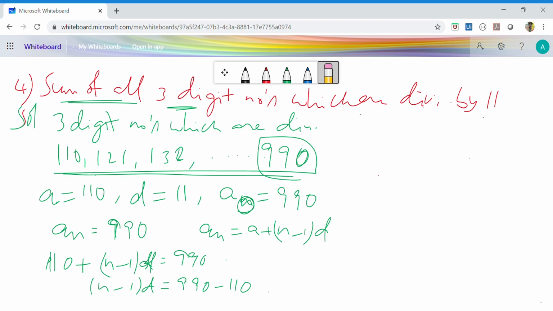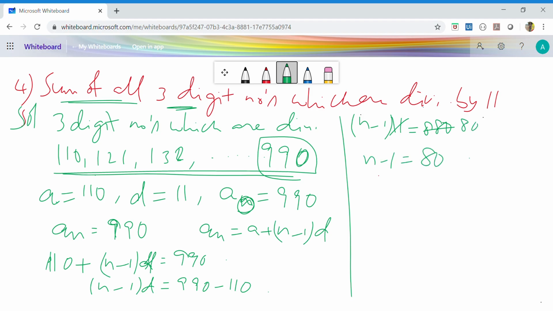So (n minus 1) d is equal to 880. D is the common difference, 11. I'll substitute 11 here, so 880 gets cancelled by 11. So n minus 1 is equal to 80. N is equal to 80 plus 1, which becomes 81. So n is equal to 81.